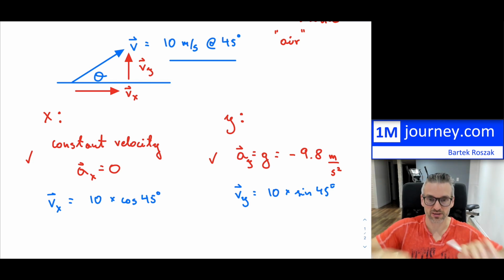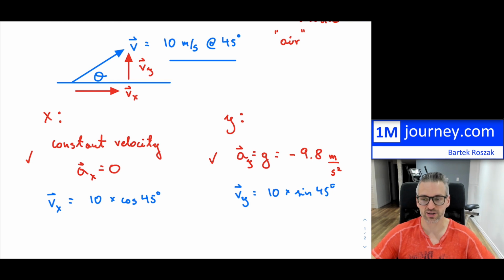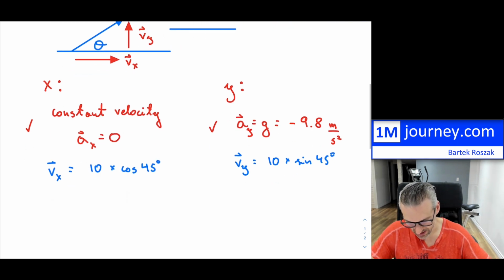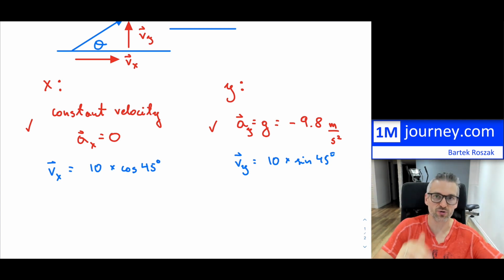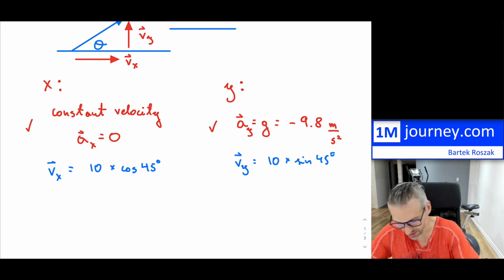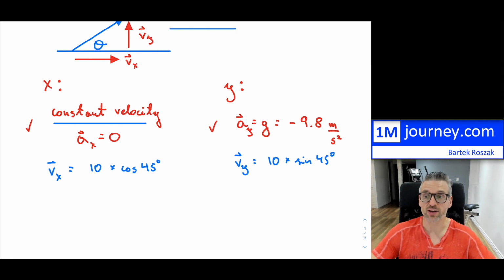And now I can treat them separately, and I can ask all kinds of interesting questions. For instance, I can ask, what's the distance that it has actually traveled? If it's going under constant velocity, we would use the equations we have come up with before.